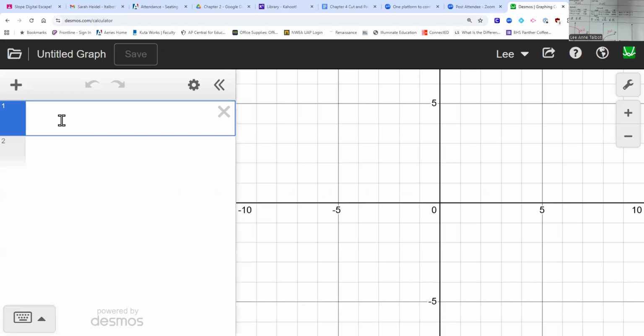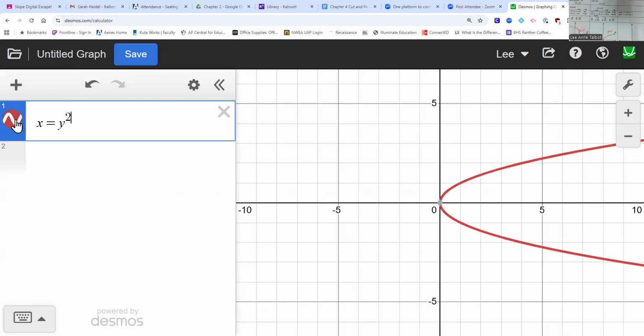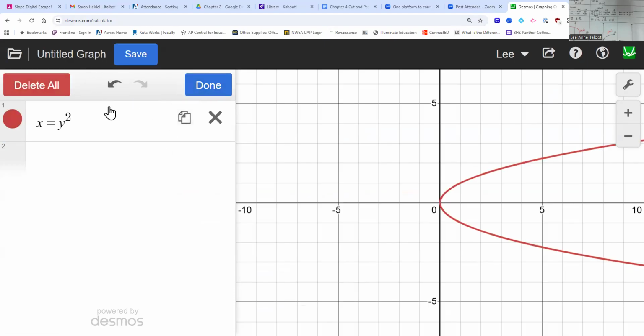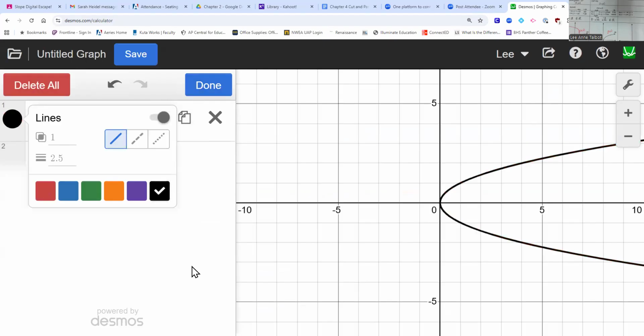Okay, so x equals y squared. There's my original one, except I made that one a different color. I made it black.